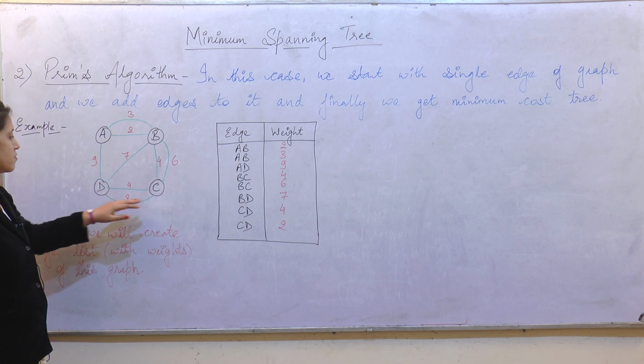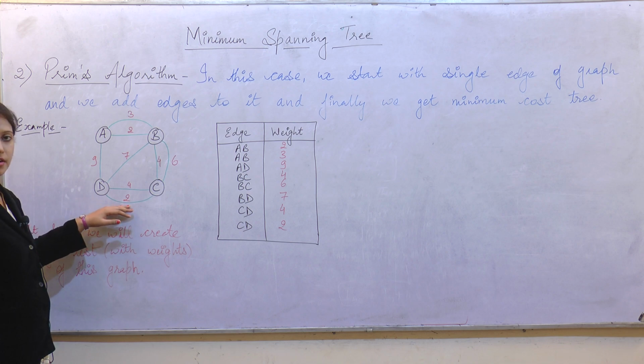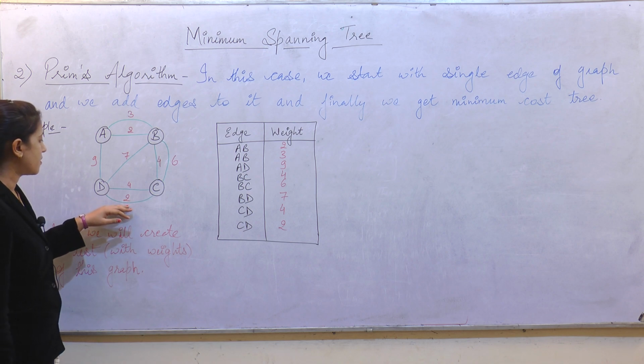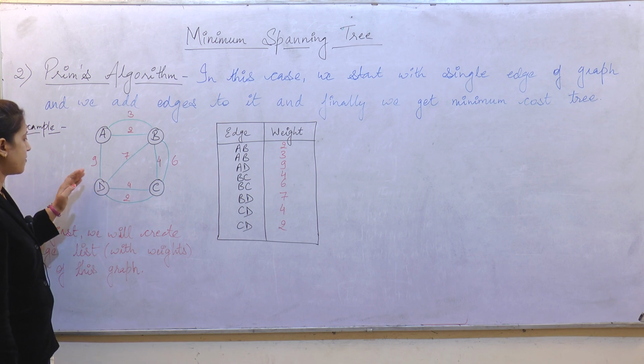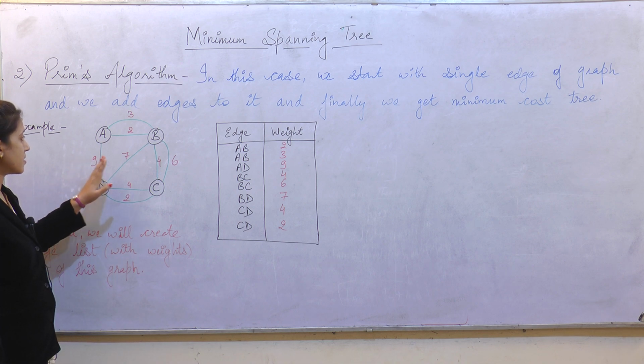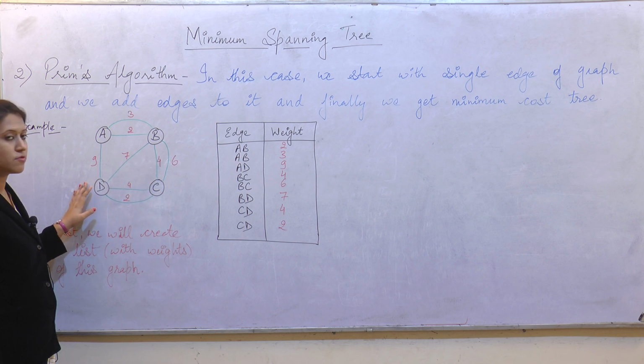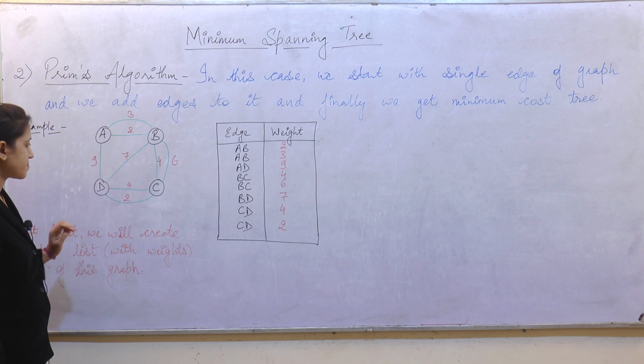From node C to D again we have 2 edges, one with weight 2 and the other with weight 4. And from node D to A we have only one edge and its weight is 9. And node B is connected to D with an edge and its weight is 7.